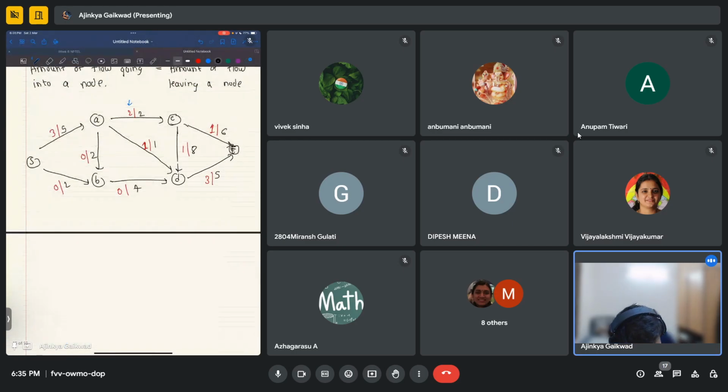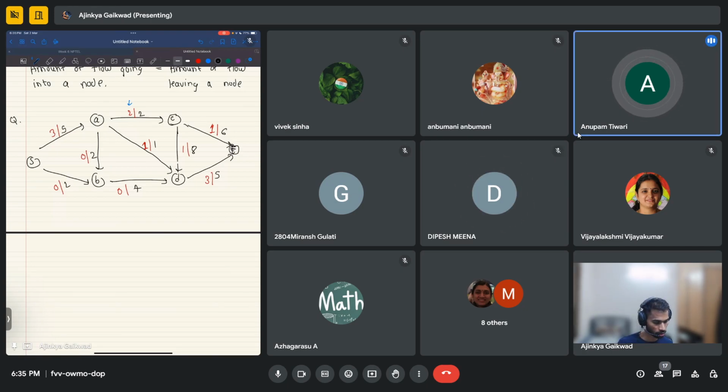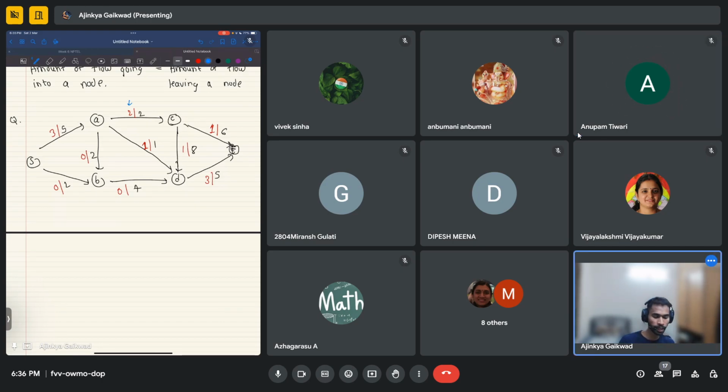Here's the question: first of all, check whether this is a valid flow network. And if you think this is a valid flow network, then calculate the amount of flow from S to T. No, sir, in this D, the conservation is not holding. Yes, so for D, the incoming flow is 2 and the outgoing flow is 3.